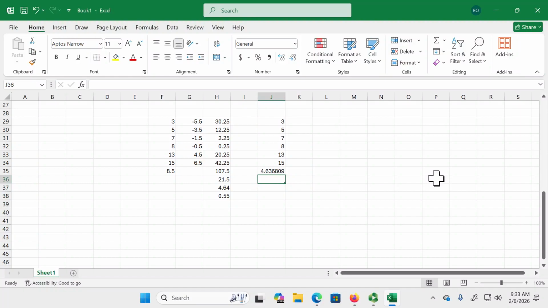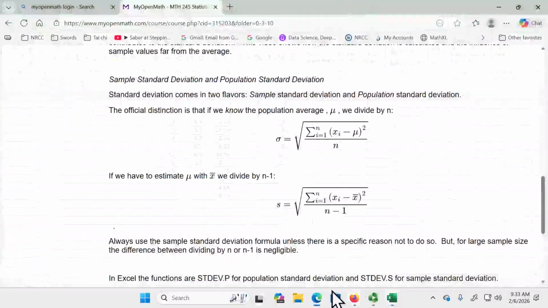Right. One other thing, this divisor here is a square root. In these formulas, here's the observation minus the average, squared. That means add them up, and then divide by n.